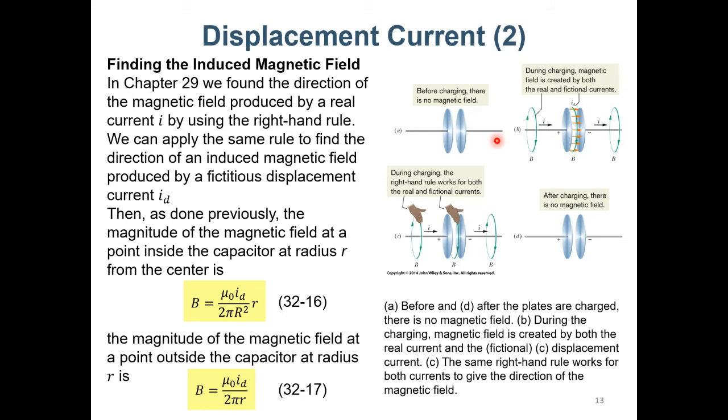For chapter 29, we only consider a current I, and then there will be a magnetic field circular to the wire. And if the wire has a thickness, we will consider the B field inside and outside the wire will be different.